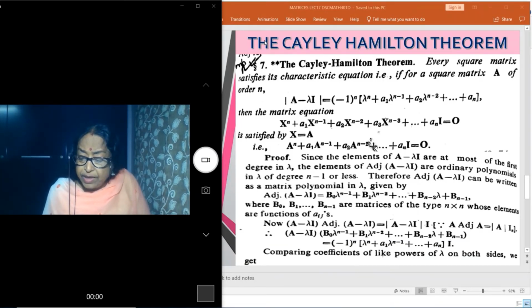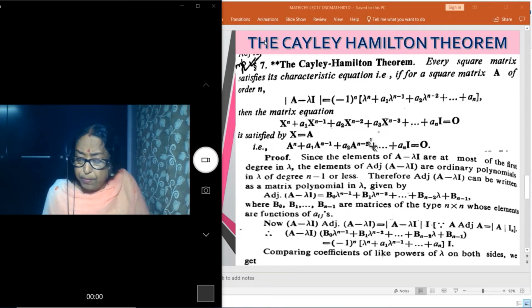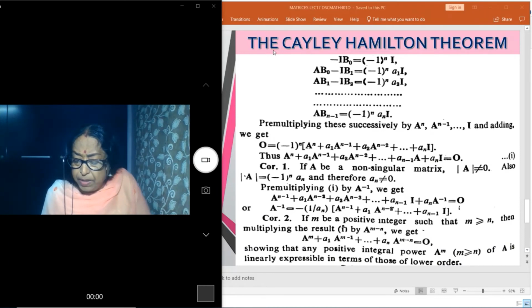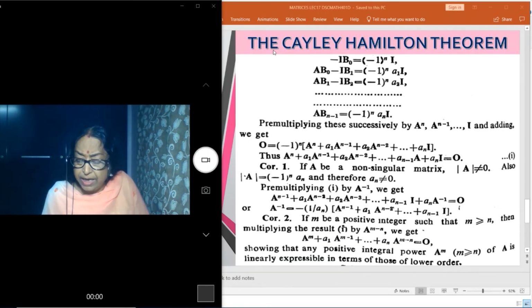So comparing the coefficients of lambda on both sides: when we multiply lambda I into B0, the power of lambda is n.